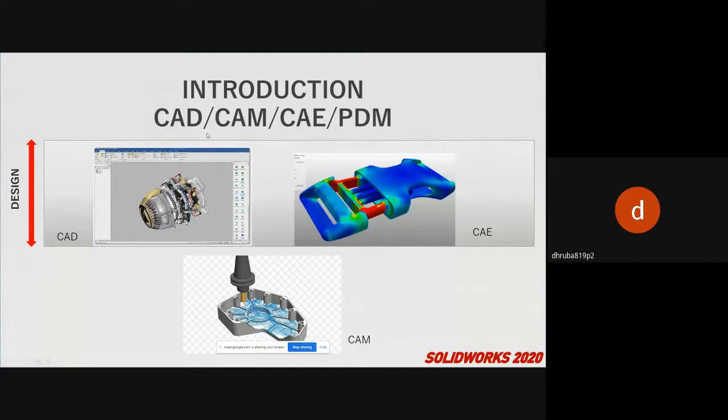Next, in the field of manufacturing, they have introduced CAM. The famous commercial CAM packages are Mastercam and Delcam. Again, in SolidWorks we have an additional plugin for CAM, which we need to add into SolidWorks. It is not directly involved in it.